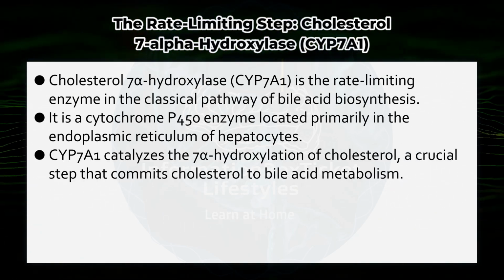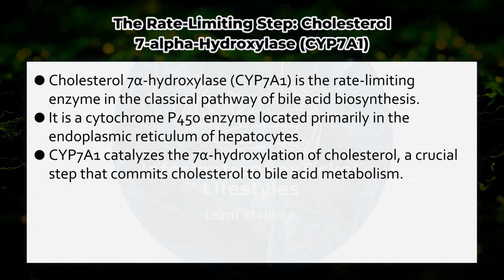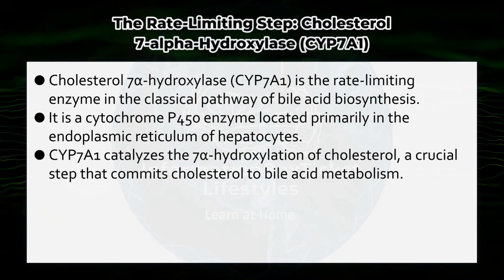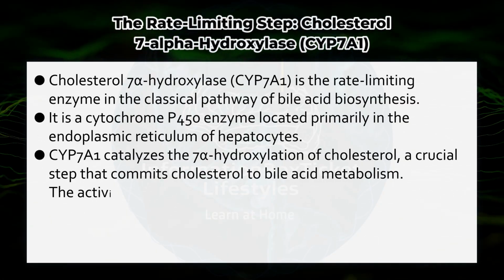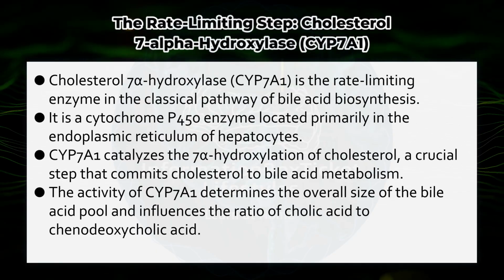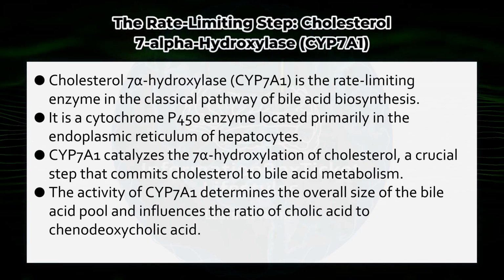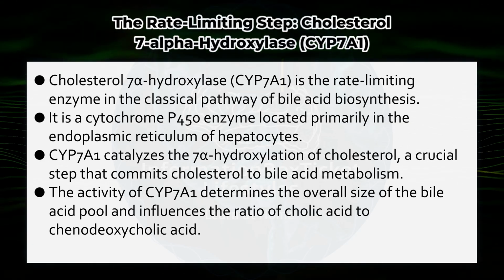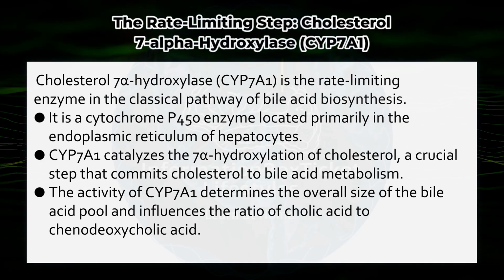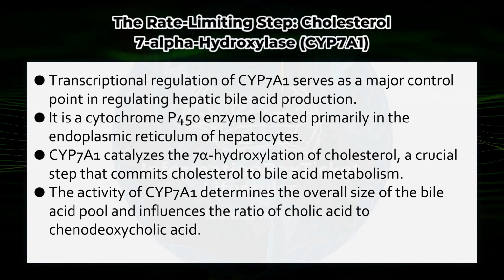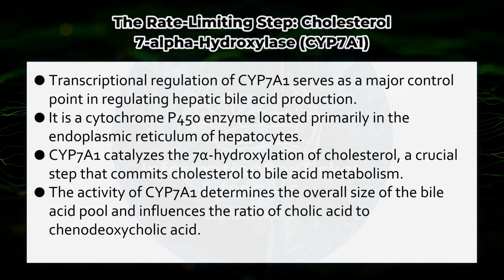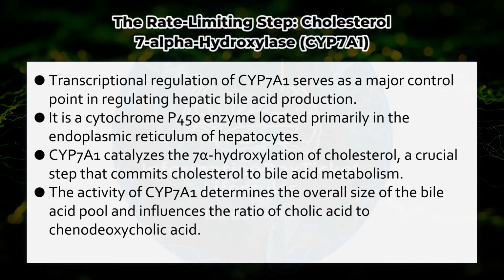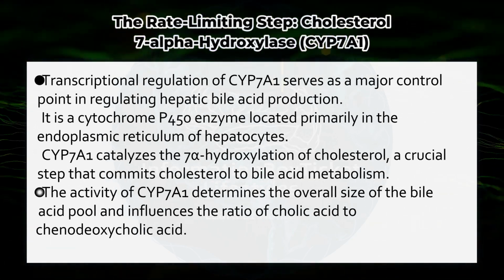CYP7A1 catalyzes the 7-alpha hydroxylation of cholesterol, a crucial step that commits cholesterol to bile acid metabolism. The activity of CYP7A1 determines the overall size of the bile acid pool and influences the ratio of cholic acid to chenodeoxycholic acid. Transcriptional regulation of CYP7A1 serves as a major control point in regulating hepatic bile acid production.